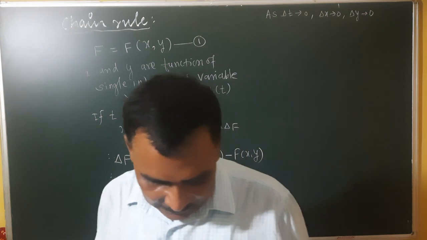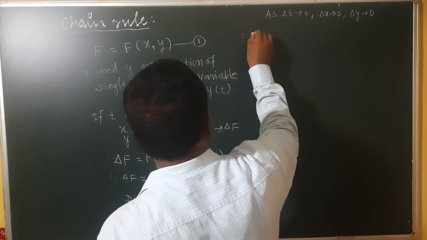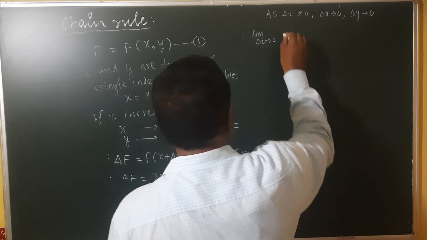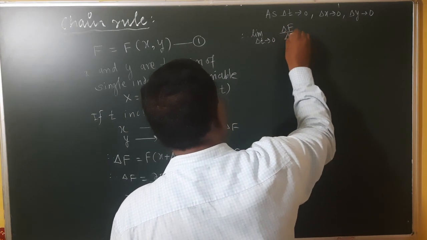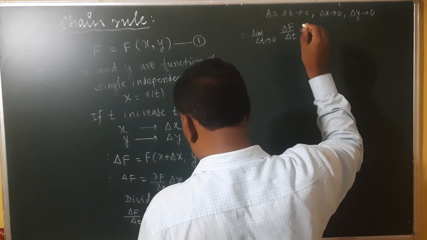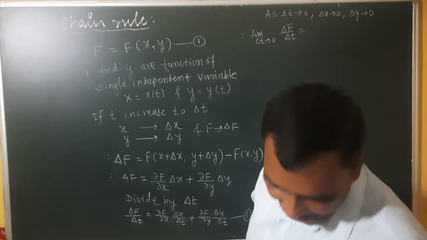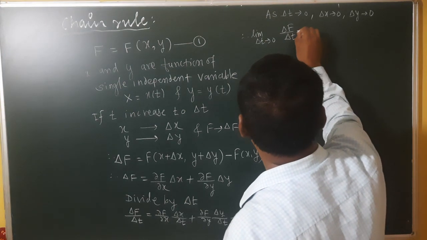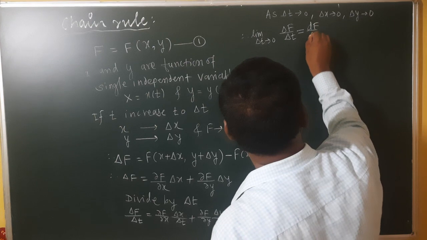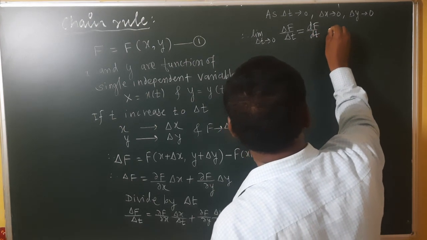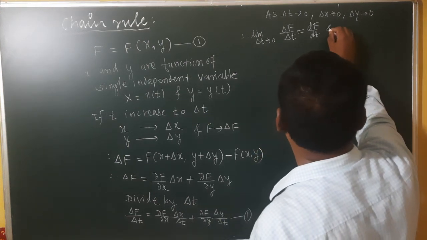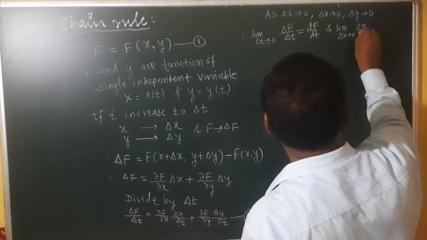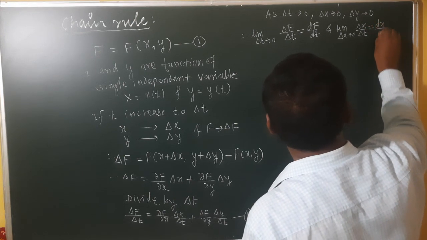Therefore, the limit as delta t tends to 0 of delta f upon delta t is df by dt. The limit as delta x tends to 0 of delta x upon delta t is dx by dt.